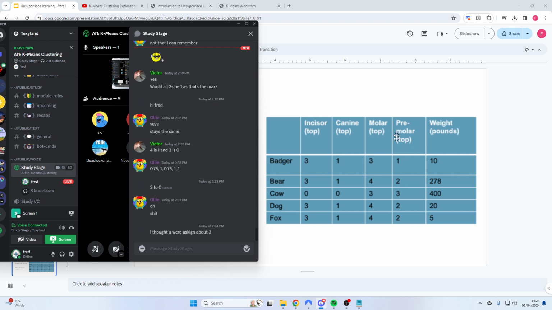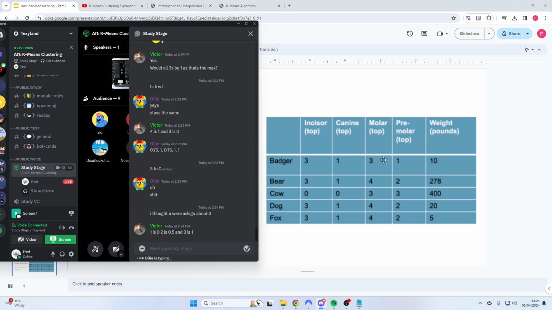Okay, what about premolar top? This one's a bit more interesting. What will these be? One is 0, 2 is 0.5, and 3 is 1. Does anyone disagree?